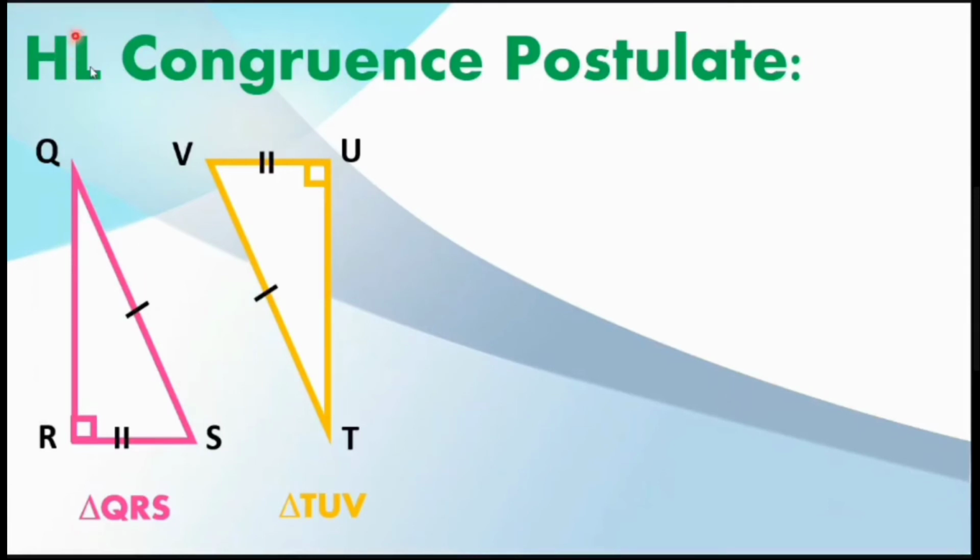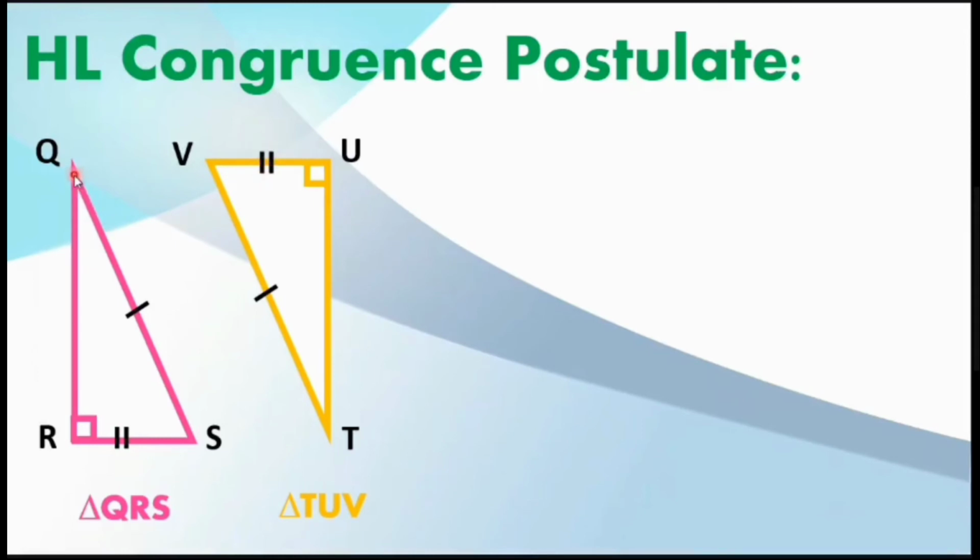How about L? What do you mean by L? We only need to consider one leg of the triangle. And these are the two legs, QR and RS. But since we only need one leg, this part here is marked. And its corresponding part on the second triangle is this side here.